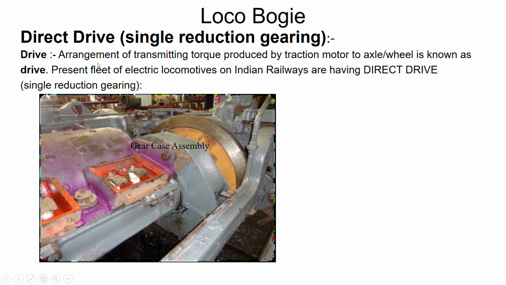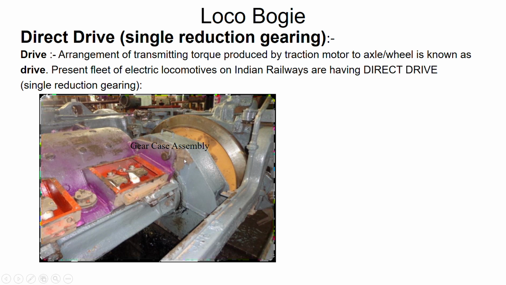What is the drive? The arrangement of transmitting torque produced by traction motors to axle wheels is known as drive. The present fleet of electric locomotives on Indian Railways has direct drive. This is called single reduction gearing.